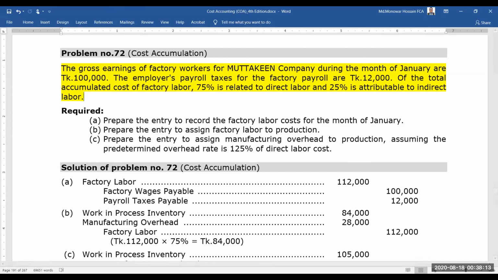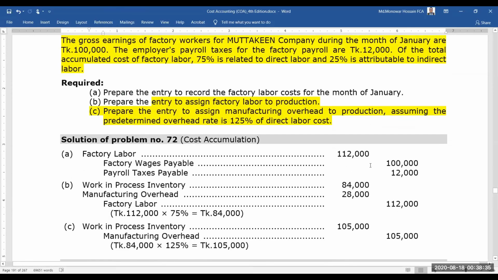So prepare the entry to record factory labor cost and the entry to assign factory labor to production. We also have to prepare the entry to assign manufacturing overhead to production, assuming the predetermined overhead rate is 125% of direct labor cost.